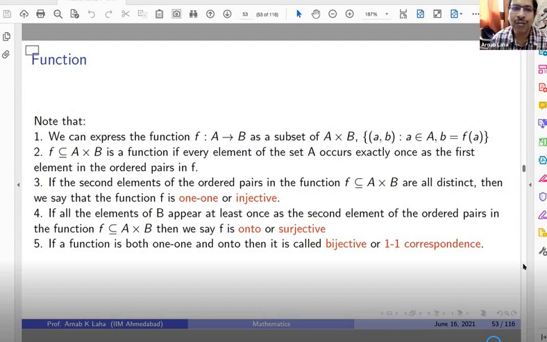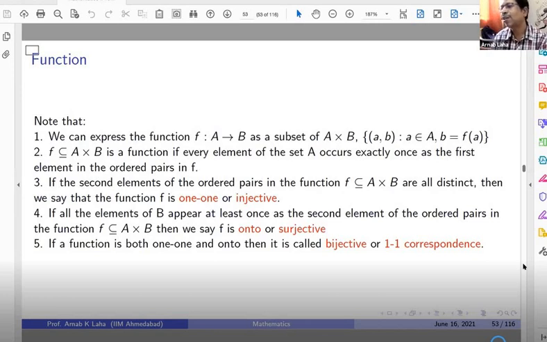First, note that we can think of the function as a subset of A cross B. This is the way we think of it, as a comma b, where a comes from the domain and b, equal to f of a, lies in the range or codomain. Another way of saying that this is a function is that every element of A occurs exactly once as the first element in the ordered pairs in f.